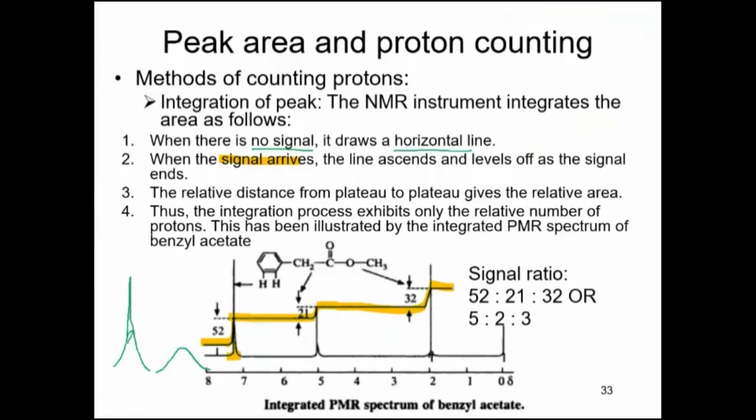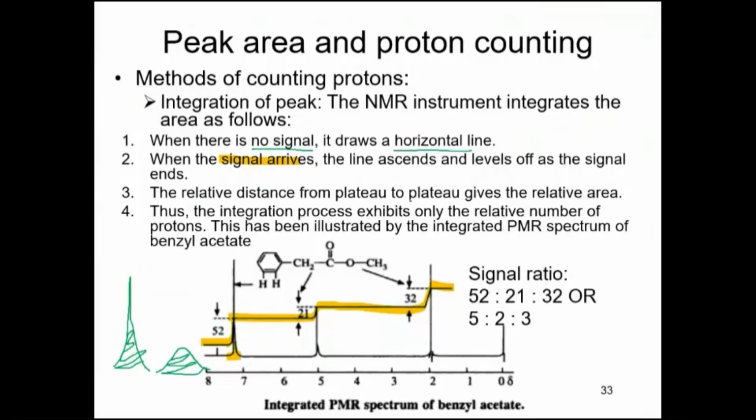The sharp signal, because it is high in its height, you may expect is covering a larger area as compared to this wider signal, but this may not be the case always. It depends on really how much area that curve is covering underneath it. So height doesn't matter. How much area is under that curve, that is the important thing.